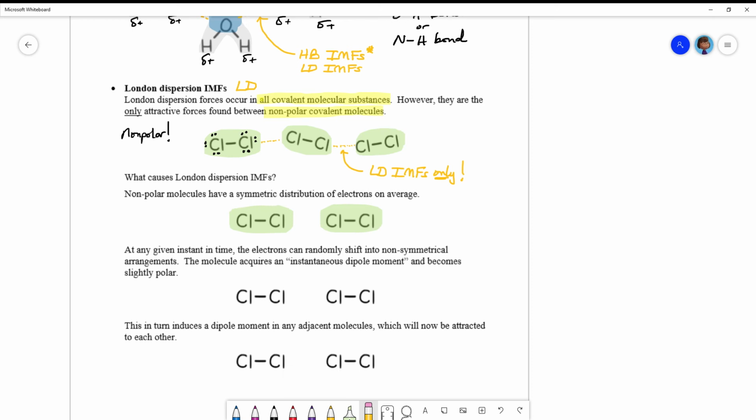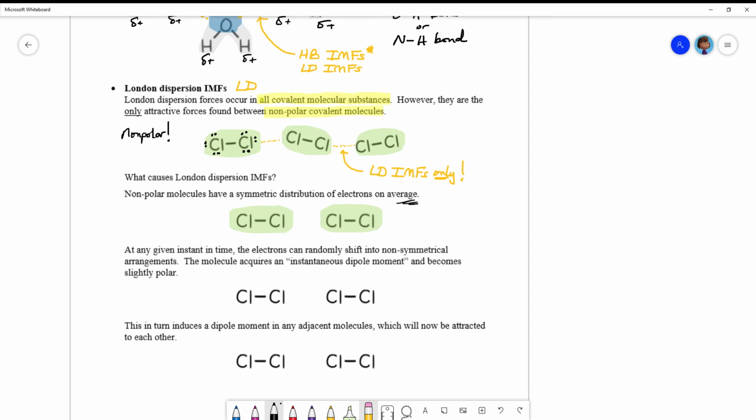But this is only true that they have a symmetrical distribution of electrons on average over time. So let's remember that the electrons in a molecule are not stationary. These electrons are within their molecular orbitals. And within a molecular orbital, an electron could be anywhere within a molecular orbital.